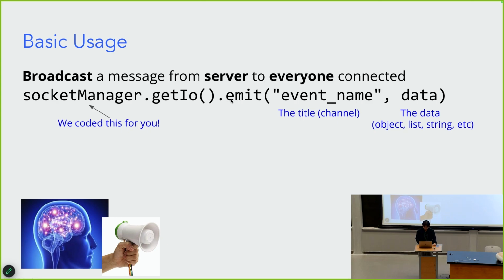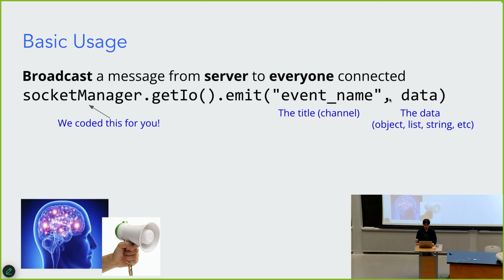And then .emit is what actually emits the message. There are 2 parts to an emit. One is the title or the event name, which is going to be a string. And then the other is data, which is what you're emitting. So this is usually going to be an object.